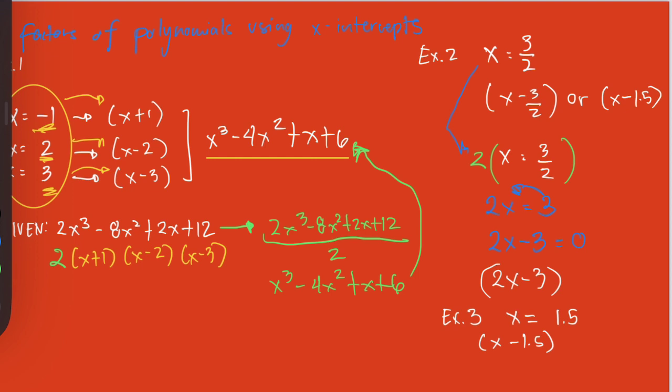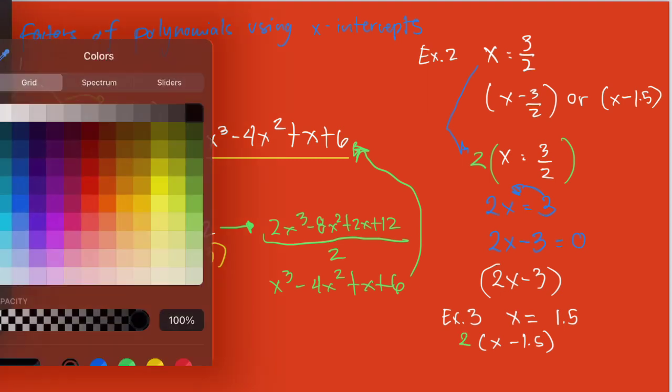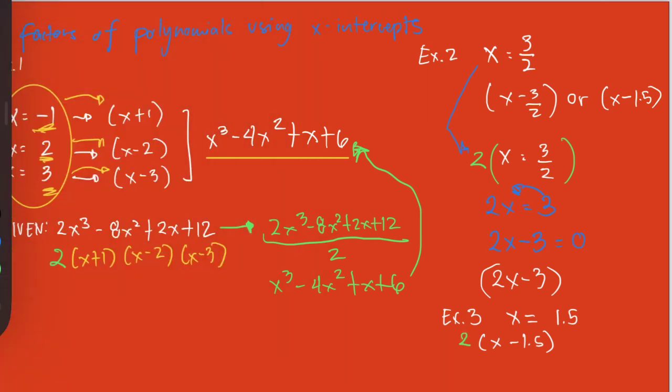So this one, you're still going to refer to the given. Like, is there a common factor in the given polynomial? Just like the one that we did in the first one. So let's say the common factor is 2. So you multiply this by 2 and you will get 2x minus 3. So, sir, I'm still confused.